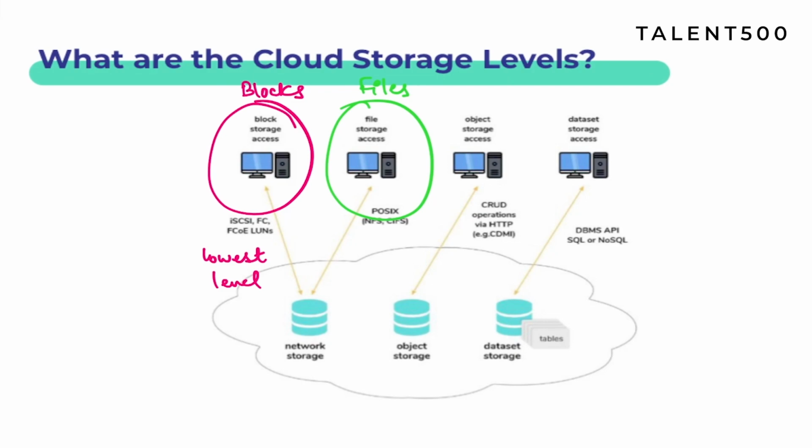So when you talk about a file, what is a file going to have? In blocks, we have the smallest unit of data. When you talk about a file, here you will have a collection of data, and those are grouped into different files, and those different files are stored into different folders based upon the requirement.